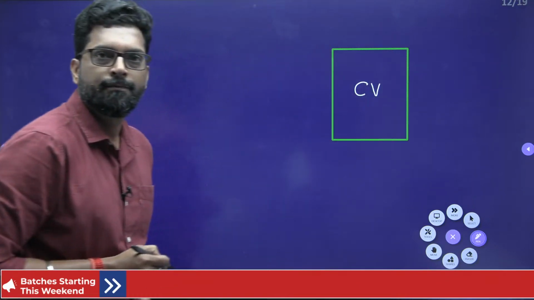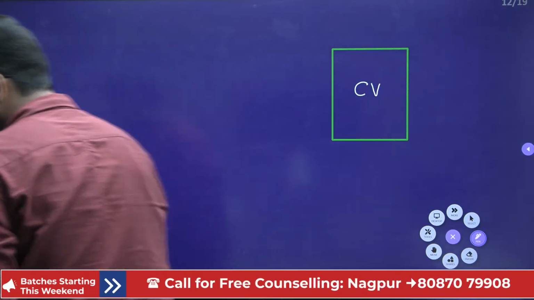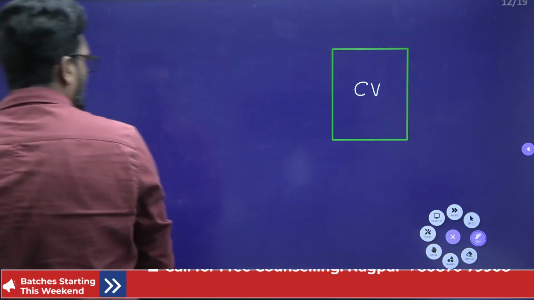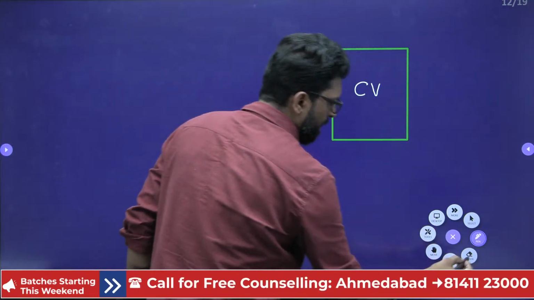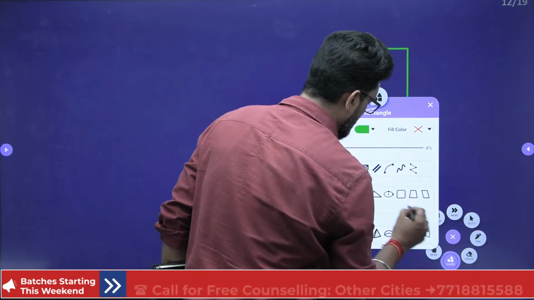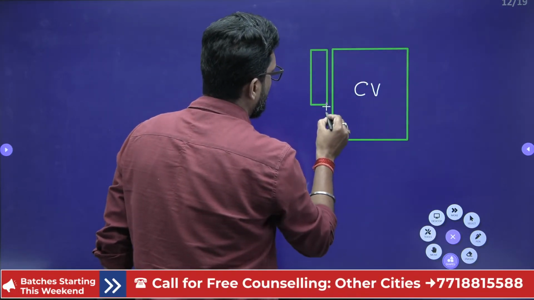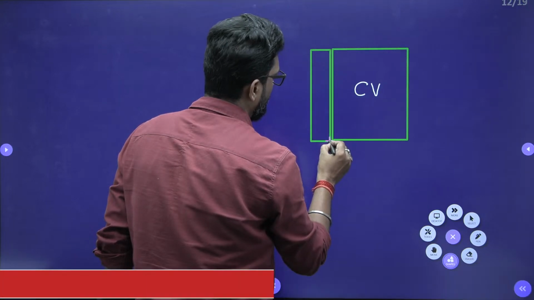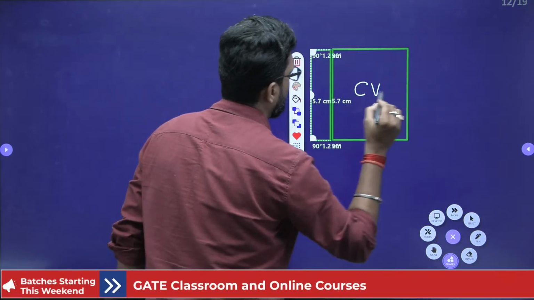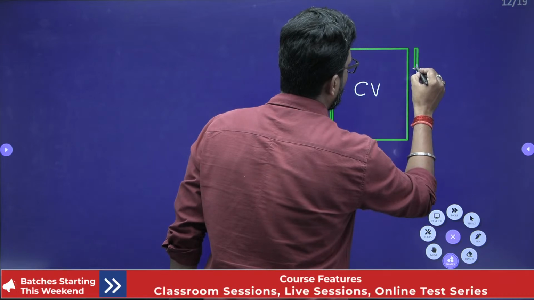Okay, on that control volume, there must be a pressure exerted in this direction, and there must be a pressure exerted in this direction.